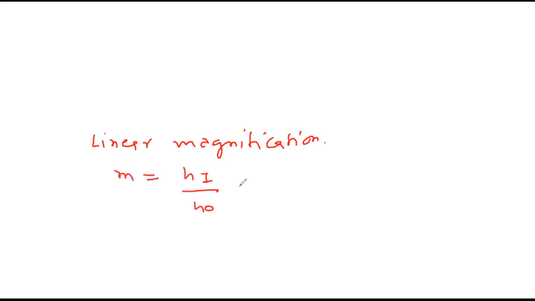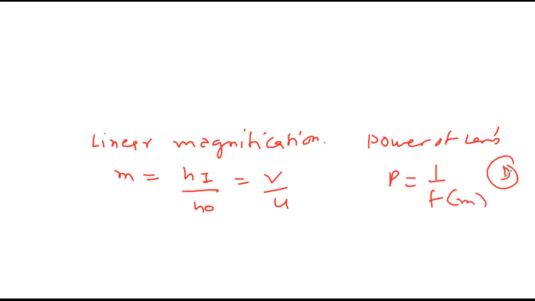Two terms of 11th standard, just see what it is. Even in 9th, 10th you have done linear magnification. It is defined as the ratio of height of image to the height of object, or distance of image to the distance of object. And power of lens is defined as the reciprocal of focal length measured in meter. SI unit is diopter.